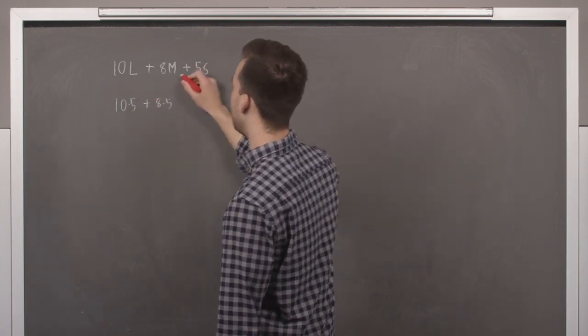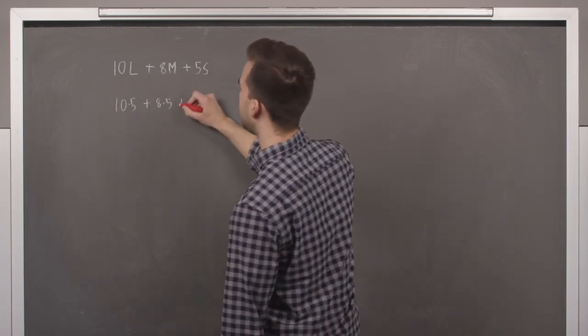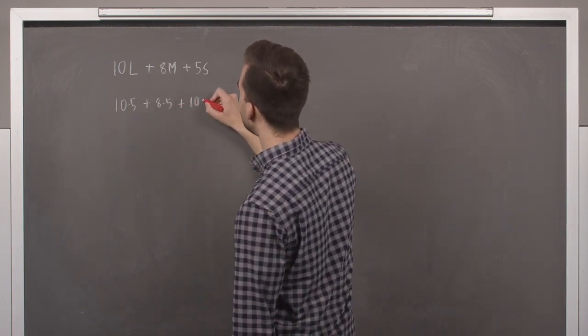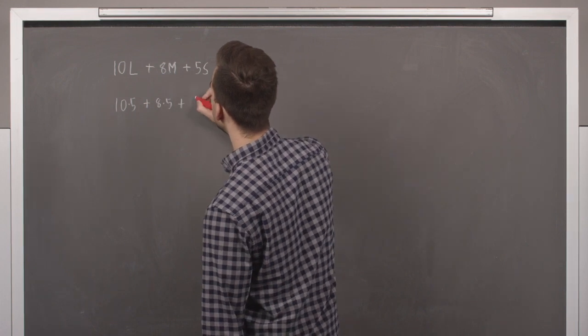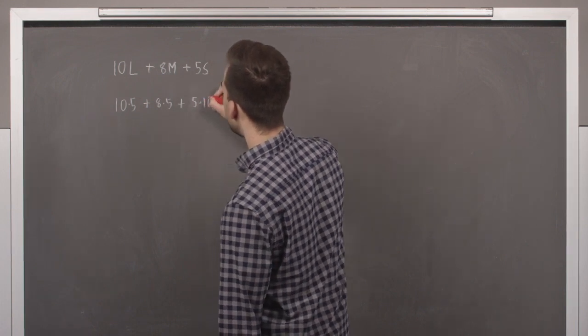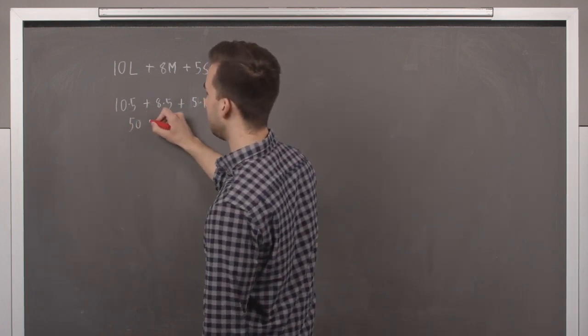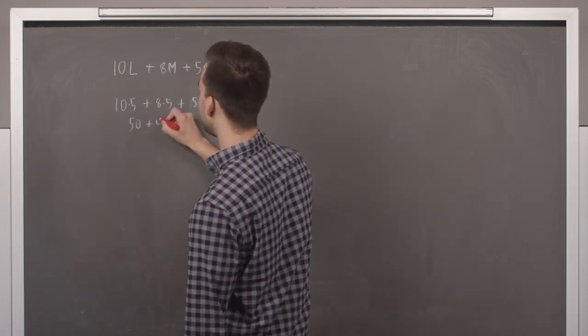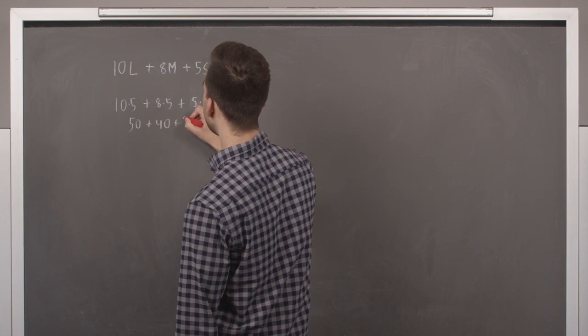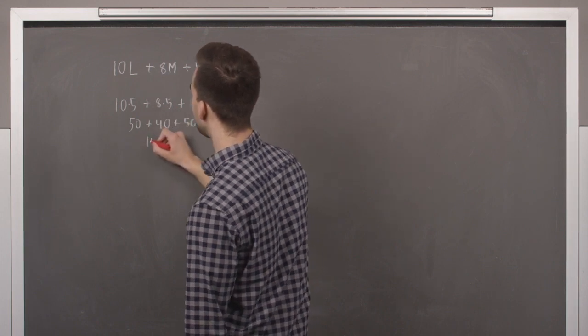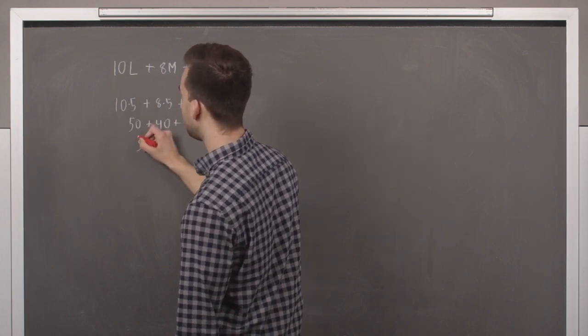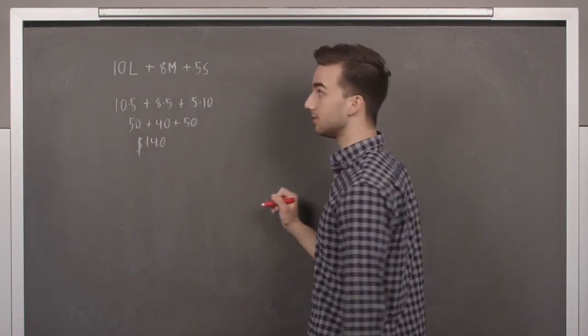If she wanted to get 5 medium pizzas and 10 small pizzas, this gives us the amount of money she will need to spend. And so this is why algebra is useful.